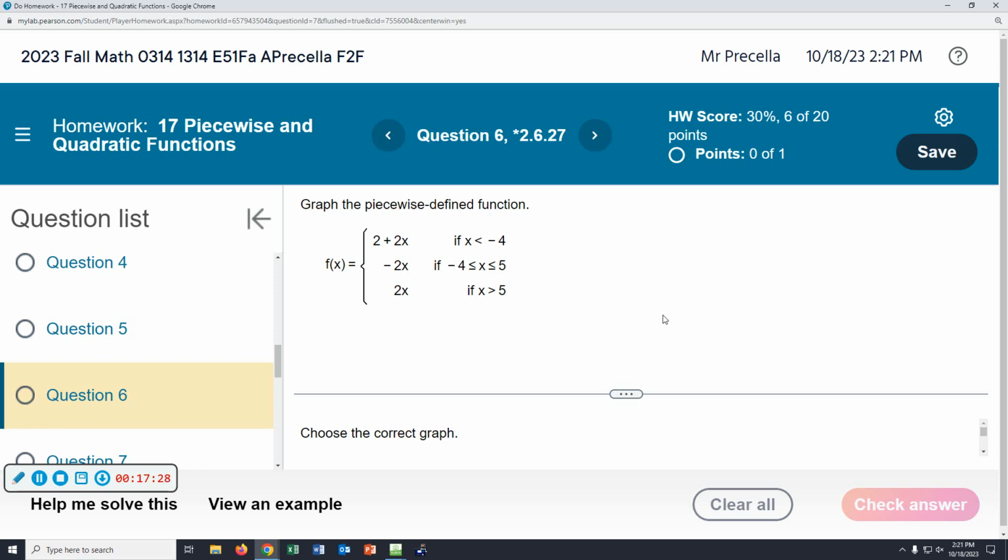We're going to use the piece 2 plus 2x if our x value is less than negative 4. We're going to use the piece negative 2x to find the y values if the x values we're using are between negative 4 and positive 5, including both of the endpoints.